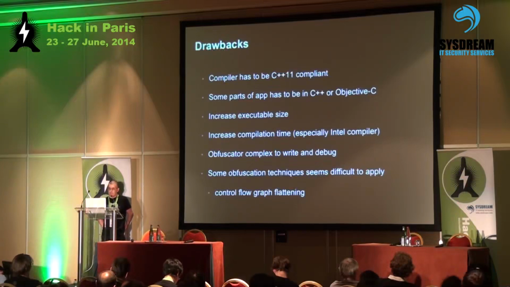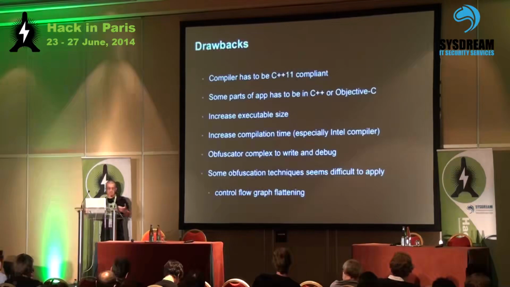One major drawback is that an obfuscator, this kind of code, is complex to write and complex to debug. You are not debugging with a normal debugger, because debuggers work at runtime. Instead, you have a list of strange error messages, and it's not always obvious to understand what is really wrong.